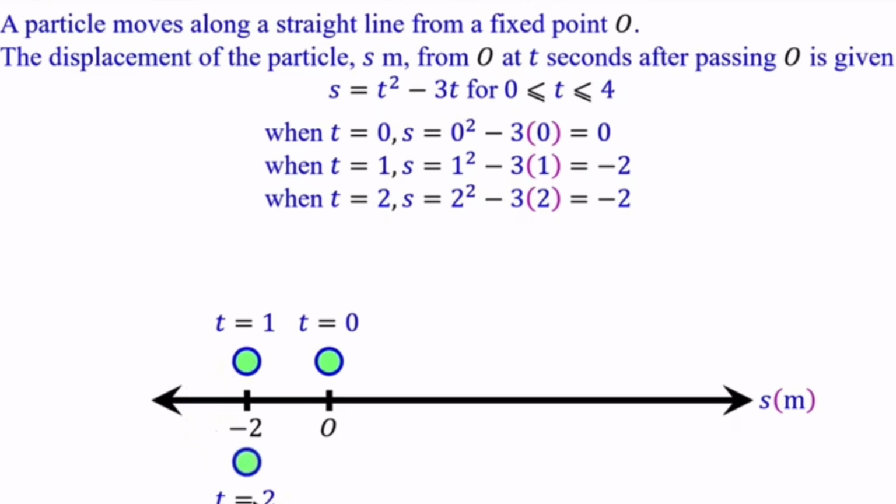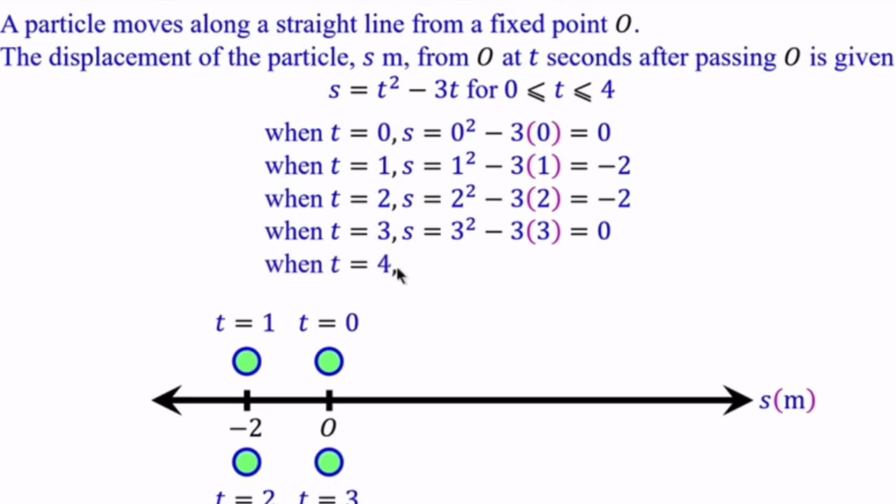It means the particle has turned direction, so it goes back to the same place. When t equals 3, we substitute: 3 squared minus 3 times 3 gives 0. That means the particle passes through the fixed point O again. So that is the movement of the particle.